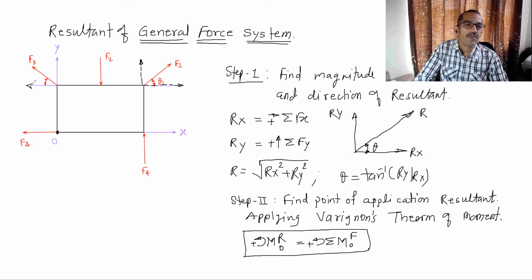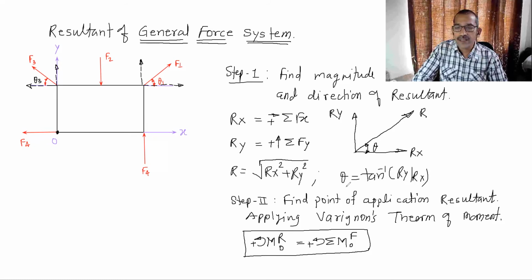For F3, say the angle is theta 3, we get F3 cos theta 3 and the vertical component F3 sin theta 3. Like this we resolve. Then in Rx, simply take all horizontal components, rightward positive, leftward negative. Same thing for Ry: add all components in the vertical direction.